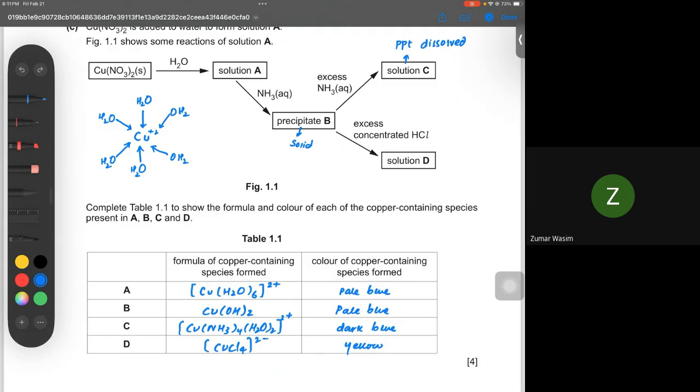The color of each and every ligand depends upon the strength of each and every ligand. Different ligands have different strengths. So ultimately, when they are attracted to the metal cation, they have different splitting patterns, different splitting energies. And obviously they absorb different frequencies of light, and they show complementary colors.